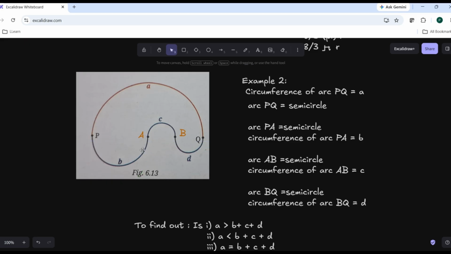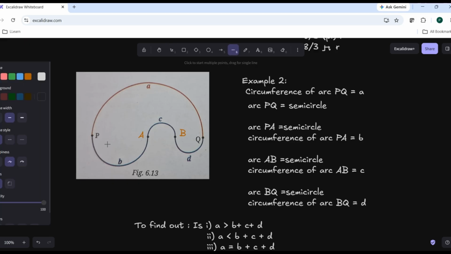Now I'll just draw a line so that we get more clarity. We drew a line from P to Q, so it is clearly visible that this part is a semicircle, and AP is also a semicircle, AB is also a semicircle, and BQ is also a semicircle.